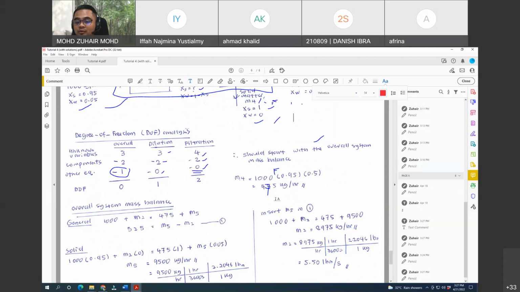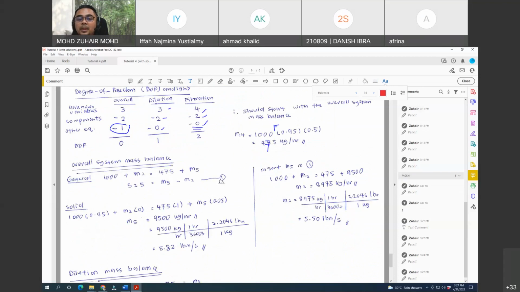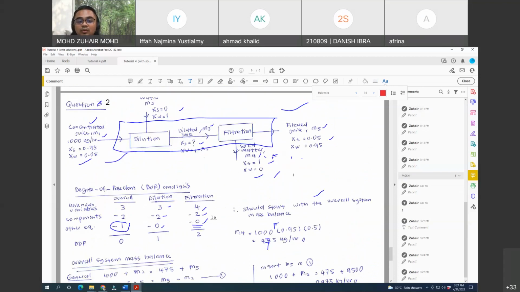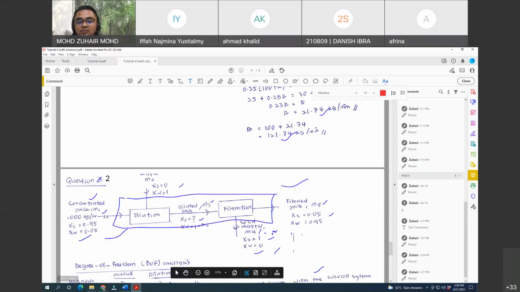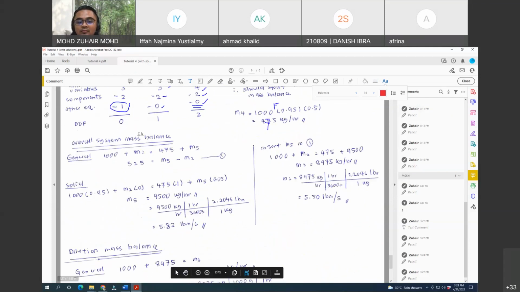So we solved M4. With all the equations that we have here, we are going to start with the overall system, the general one, which is M1 plus M2 equals M4 plus M5.